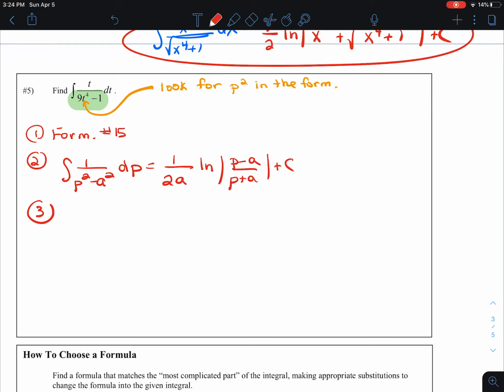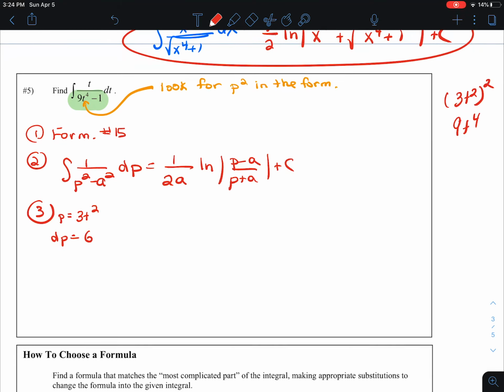So when we make our substitution for p, we're going to incorporate what we would need to square so that it would become a 9t to the fourth. If we took a 3t squared, I'm going to do this off to the side, and we squared a 3t squared, that would become a 9t to the fourth. So we're going to replace the p's with 3t squareds.